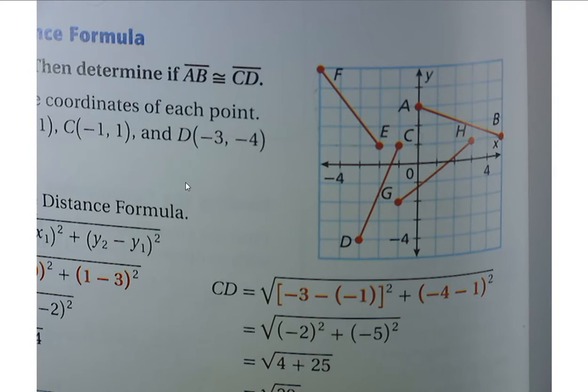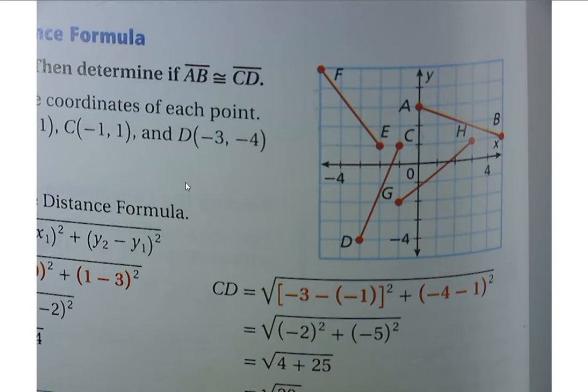Okay, so Avery, point E is going to be what? What coordinate point is that? What's the x coordinate and the y coordinate of E? -2 and 1. Yep. Okay, so E should be -2, 1.